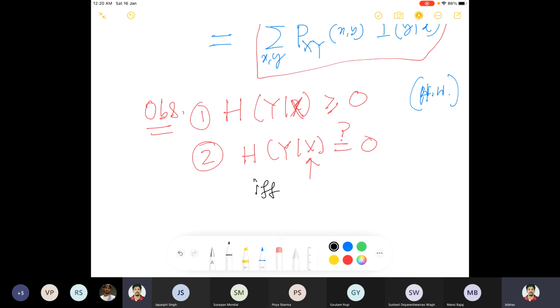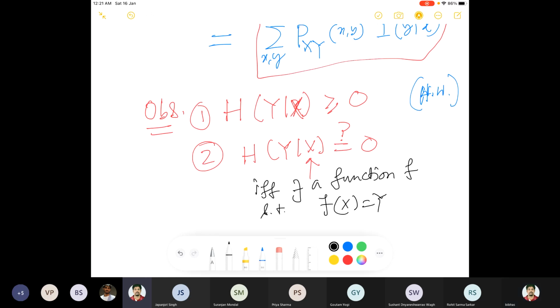Mathematically, whether you can prove it or not: if and only if there is a function f such that f of x equals y, that means y is a function of x. Somehow complete information about y is known since x is known.